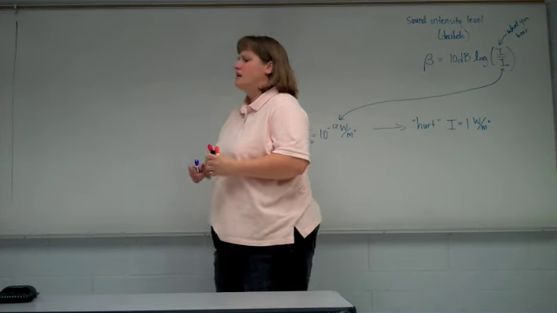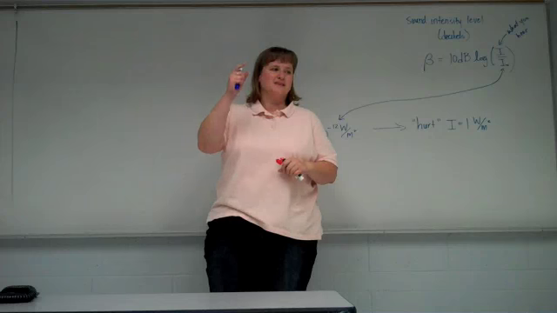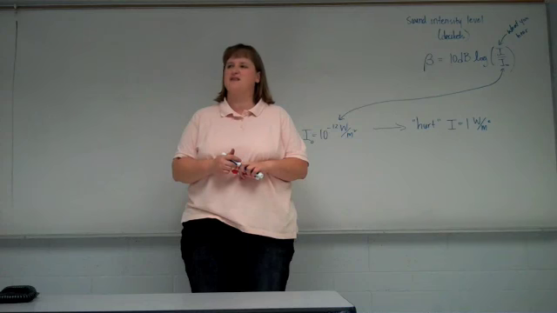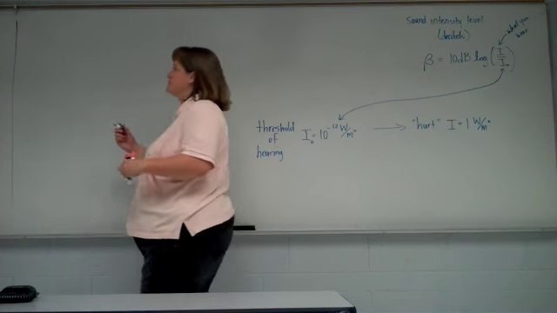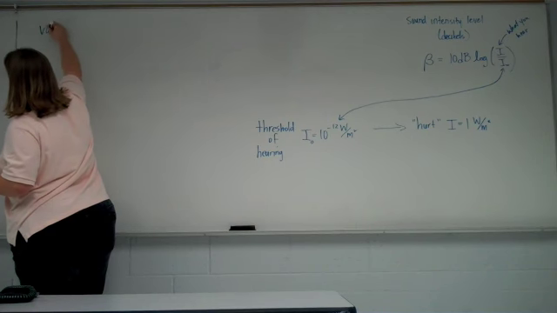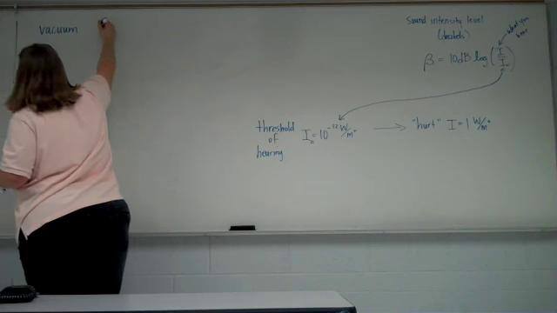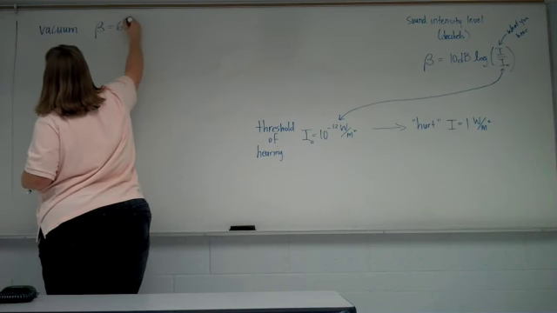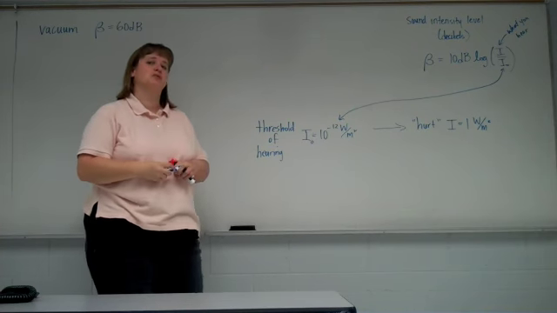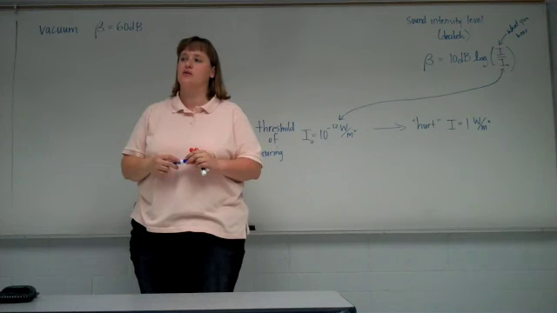Okay. So I don't remember exact values, but for example, a vacuum cleaner. Vacuum cleaner was around 60 or 70 decibels. So let's say it was 60 decibels. What intensity in watts per meter squared would that correspond to?